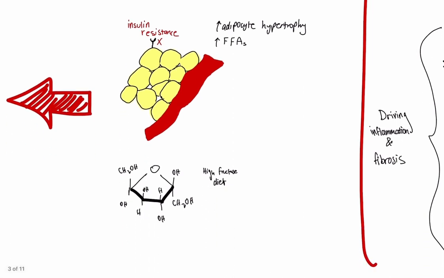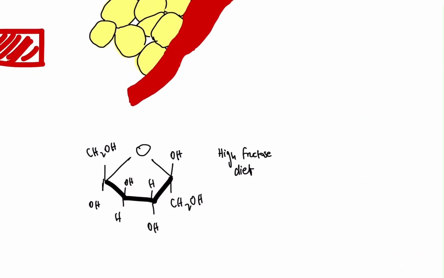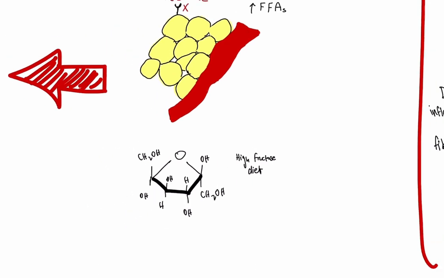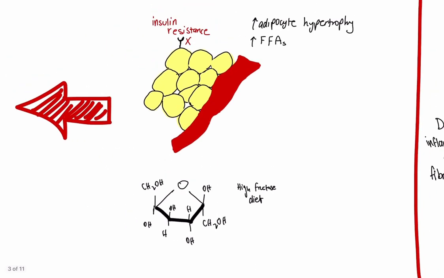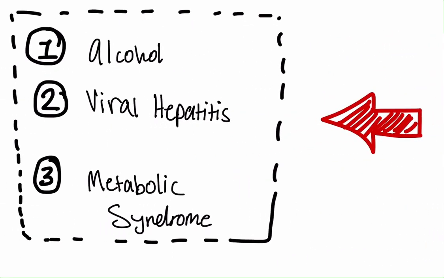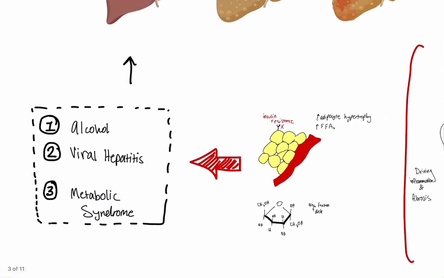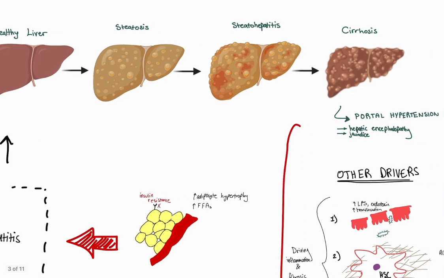Also, high fructose diets play a major role, as fructose leads to a perceived starvation state due to the way it's metabolized much more quickly than glucose, and as a result, it tends to drive adipogenic pathways in the liver and inhibit beta oxidation, or metabolic pathways to break down those fatty acids that accumulate. So fructose and insulin resistance are two of the major drivers of metabolic syndrome in the context of NAFLD, which drives this progression from a healthy liver to a cirrhotic liver.